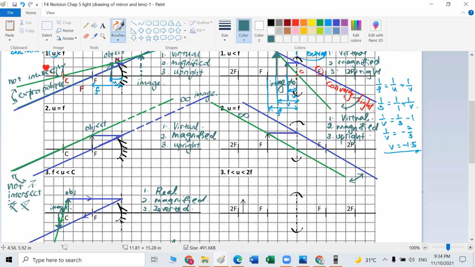Then you can check the characteristic next to the lens. They must be the same. You check your image first, then you check whether the characteristic is the same as the next one.